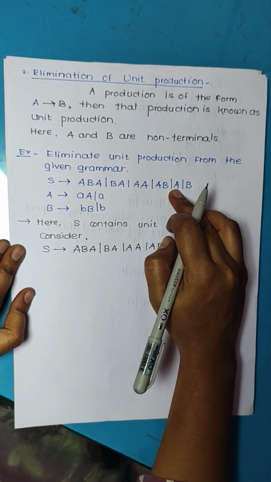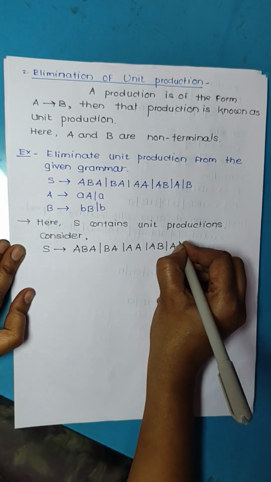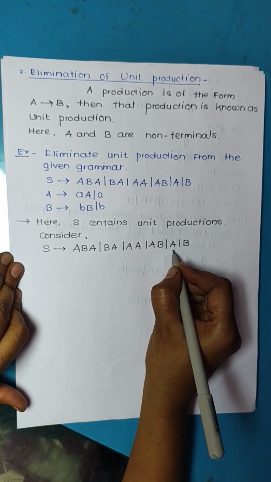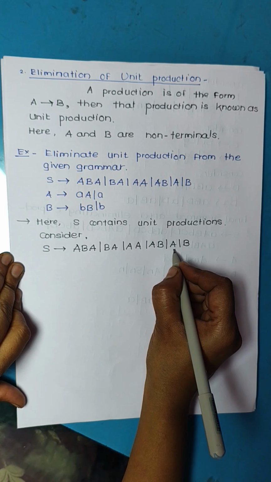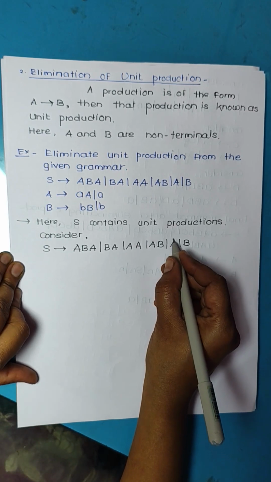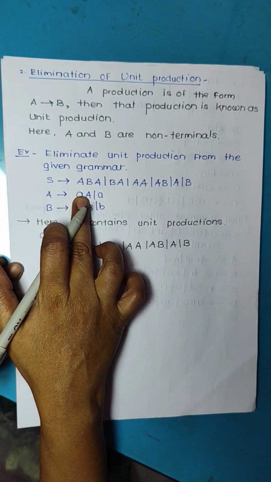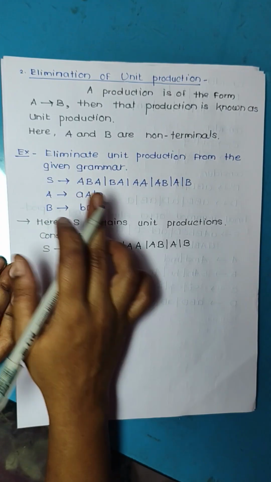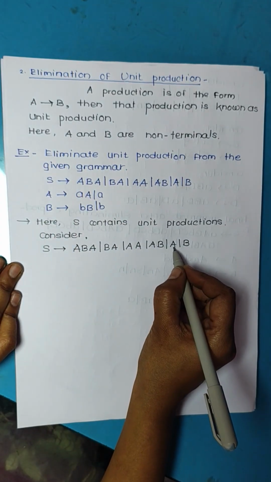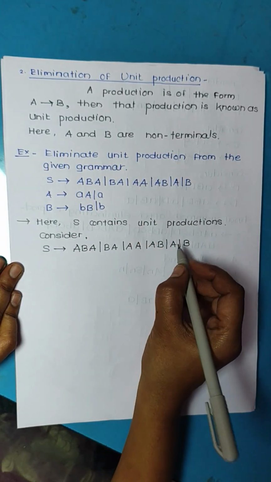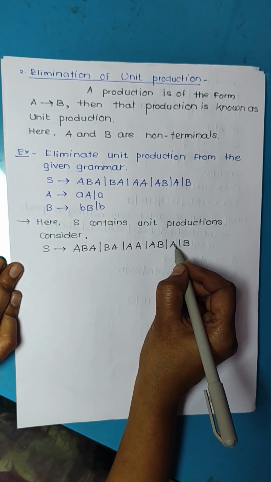Here A is a unit non-terminal symbol. So instead of this A, we have to replace the productions of A. If there is one production, we replace that one production. If A contains two or more productions, we replace the two or more productions.